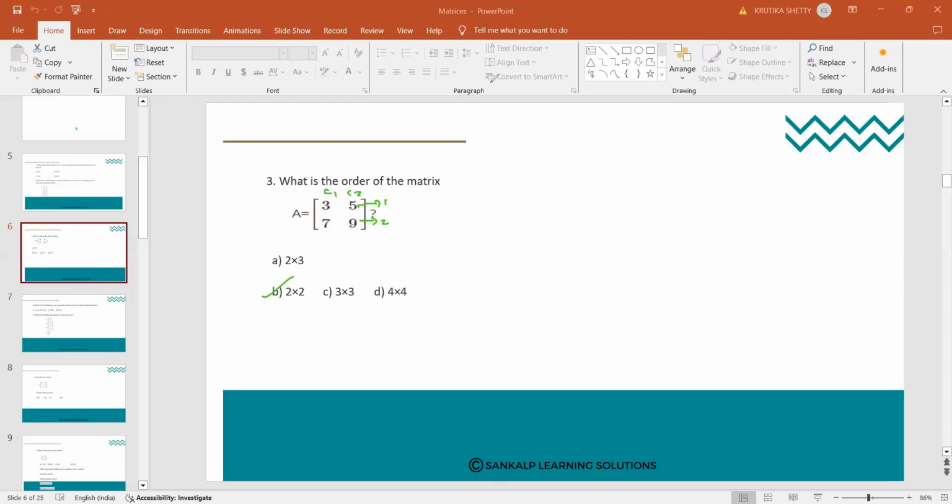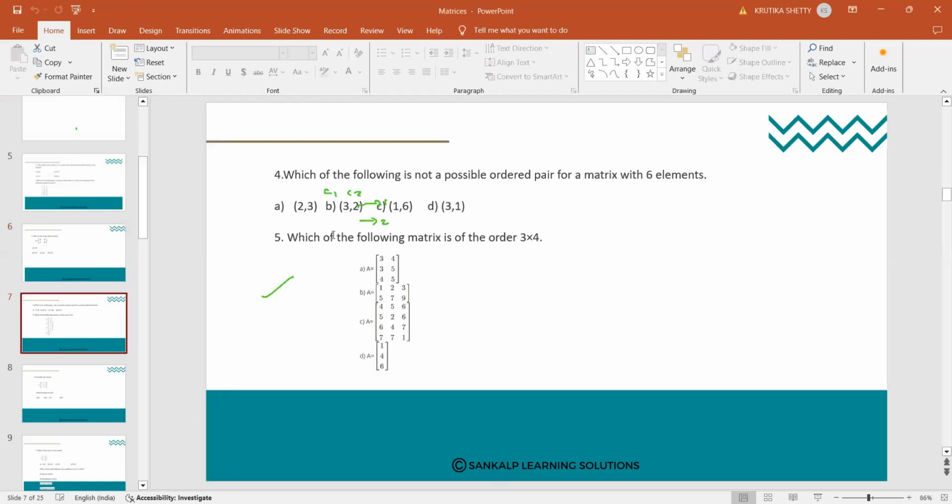In question number 4, the question is: which of the following is not a possible ordered pair for a matrix with 6 elements?